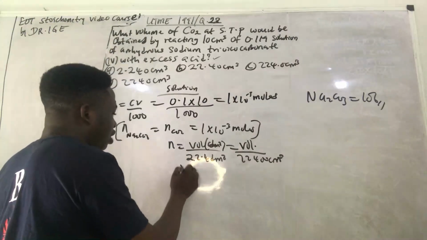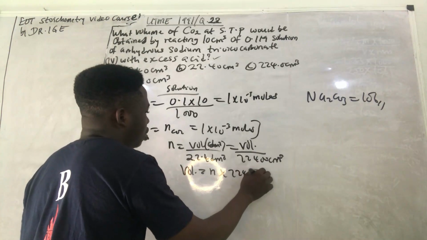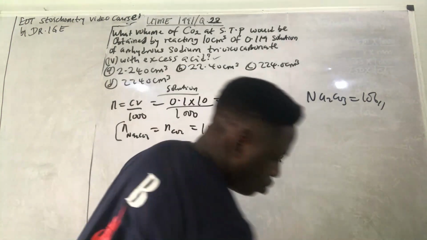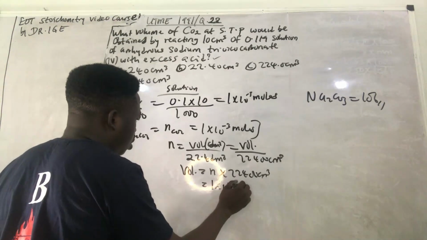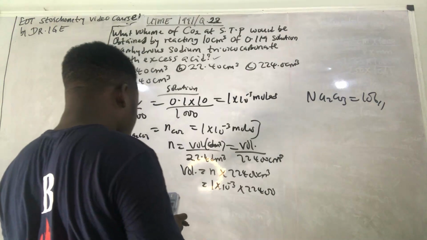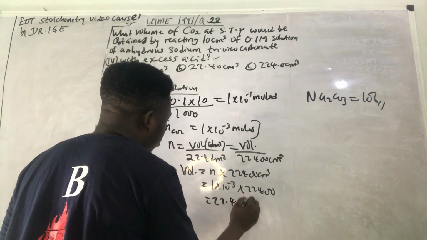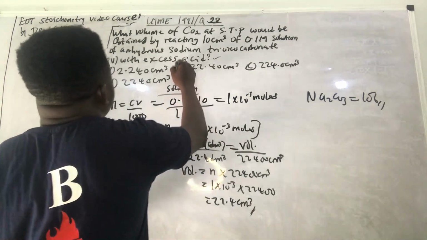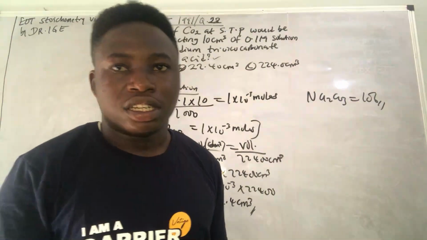If you cross multiply, the volume equals the number of moles times 2400 cm³. That's 1 times 10⁻³ times 2400. So the answer is 2.4 cm³, and that's option B. It is as easy as that.